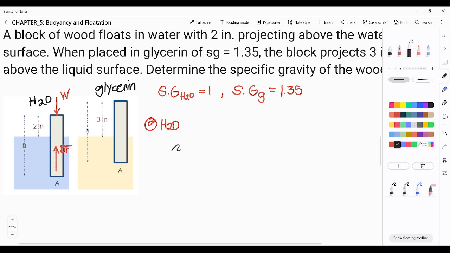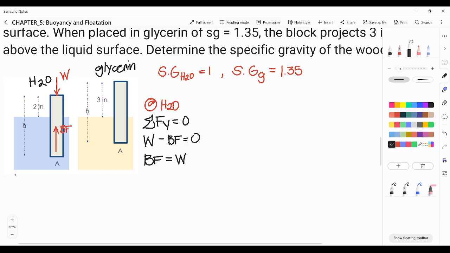So, taking the summation of the forces in the y direction or in the vertical direction, assuming pababa is positive, weight minus buoyant force is equal to 0. Now, putting the buoyant force on the other side, lalabas that our buoyant force should be equal to our weight in order to achieve equilibrium or para lumutang yung block.